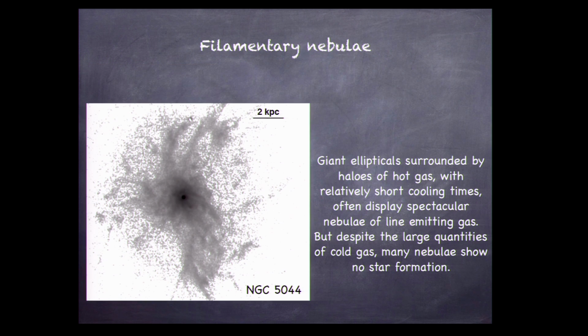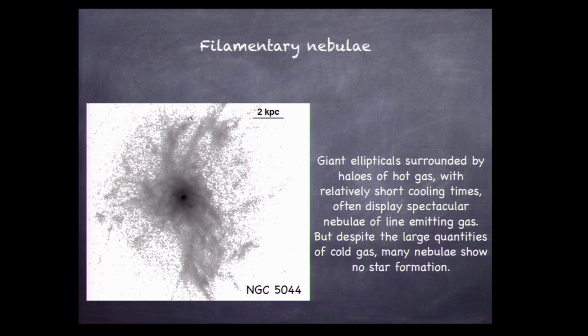Many of the systems with hot X-ray emitting atmospheres display a really spectacular network web of H-alpha filaments. This galaxy, NGC 5044, is particularly pretty. It has filaments going out to distances of 10 kiloparsec from the core of the galaxy.